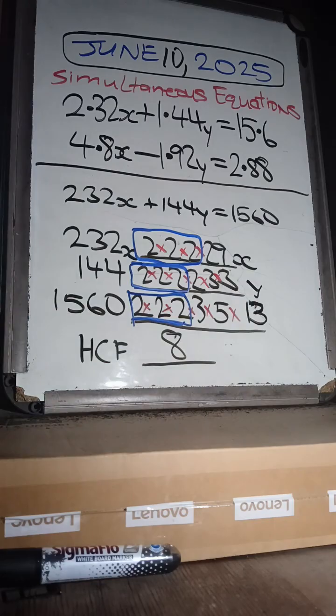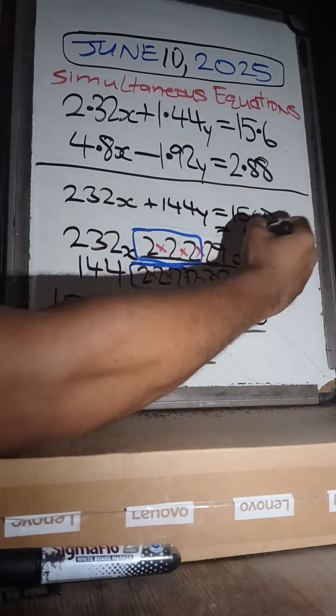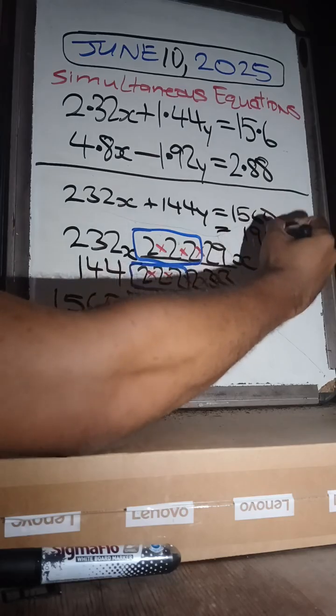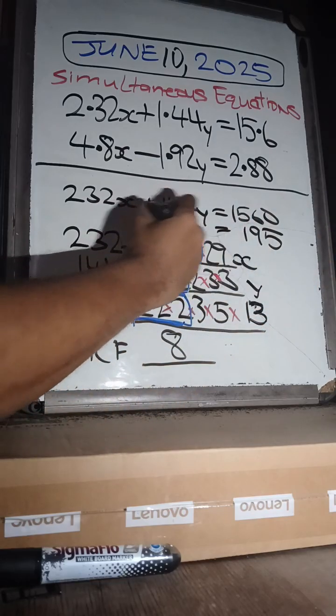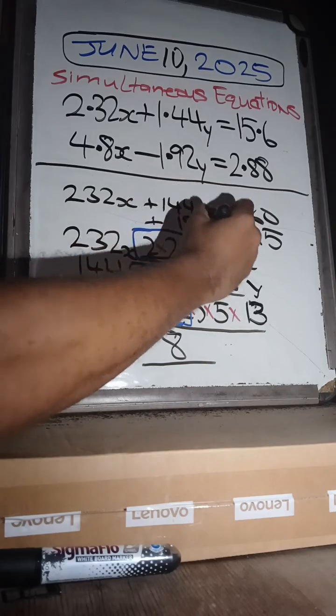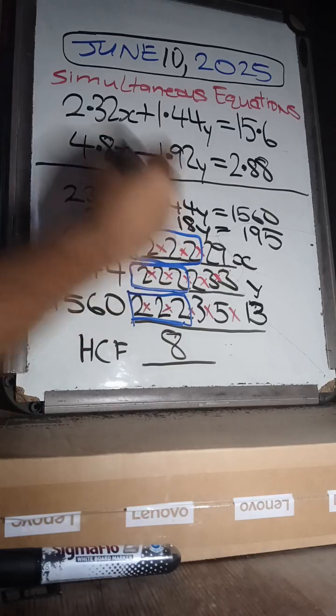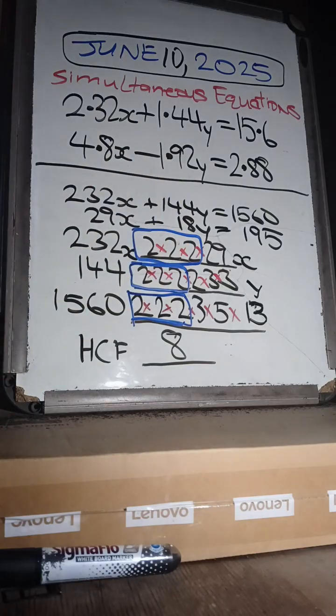Right. So therefore this would become 195. This would become 18y. So this allowed us to divide all of that by 8 to give us these numbers here.